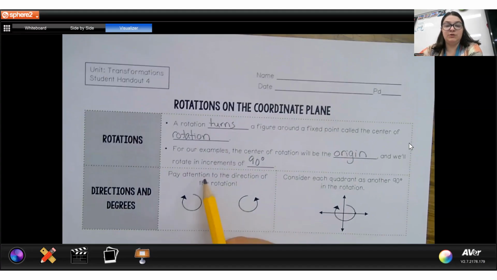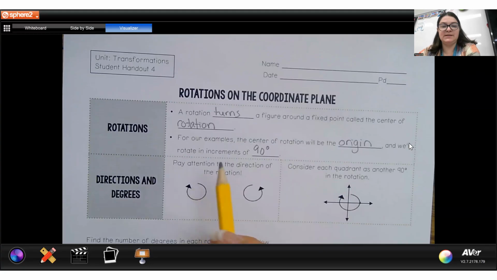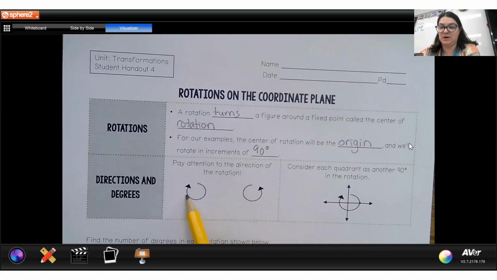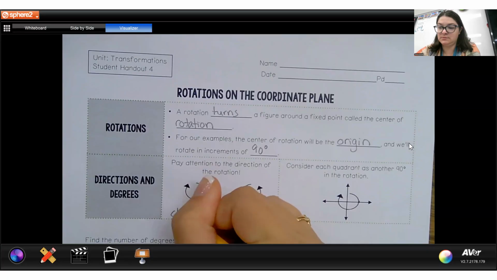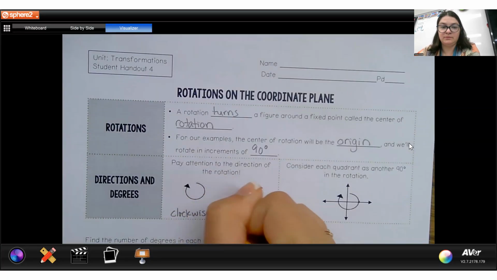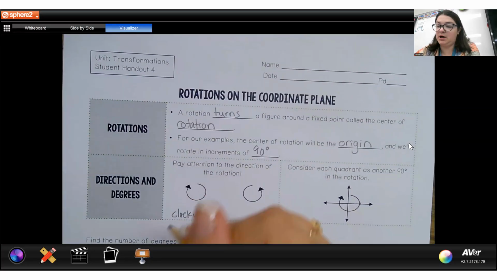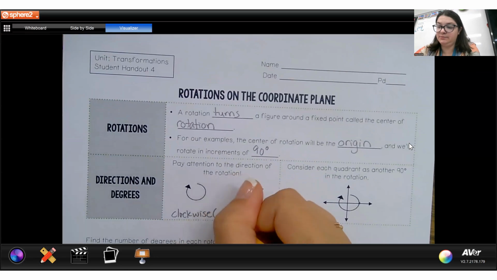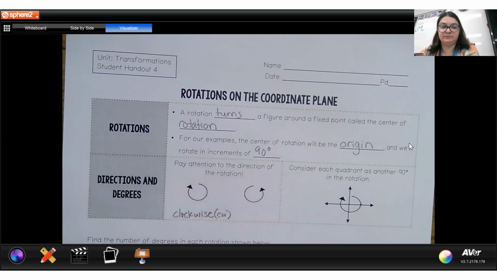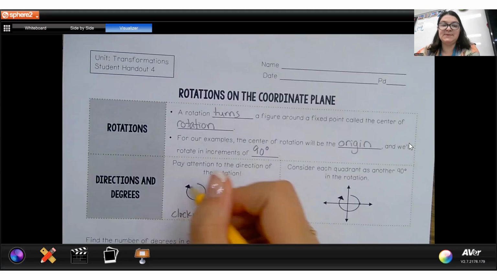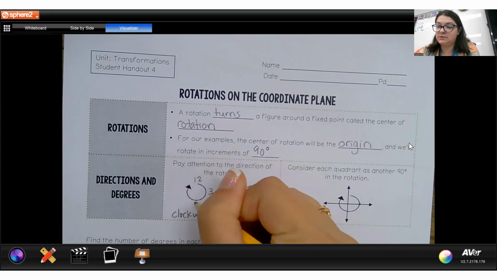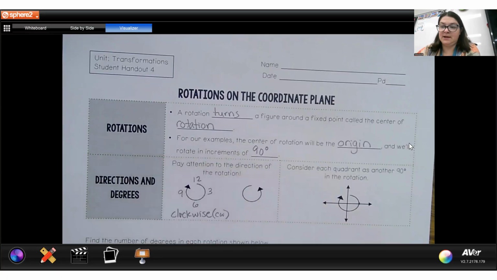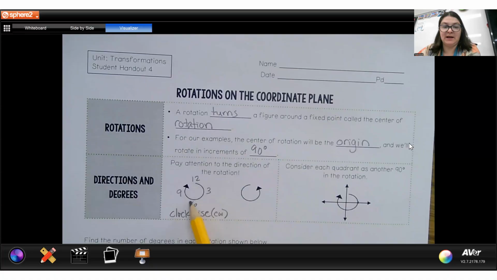So two things we need to pay attention to is the direction of rotation. If it is going around this way, this is called clockwise. You'll see I will also call it CW for short. And it's clockwise because if I was to draw a clock, it's going the correct way that a clock would go.